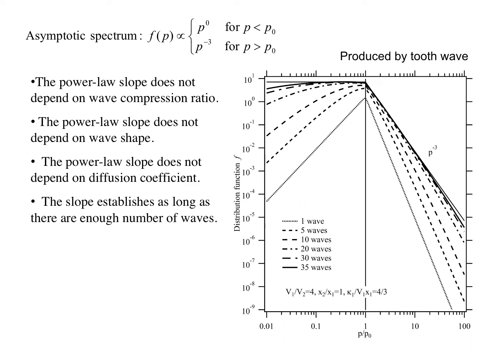On the lower side, the cooled particle side, the spectrum will tend to be flat. This spectrum does not depend on the magnitude of the diffusion coefficient.